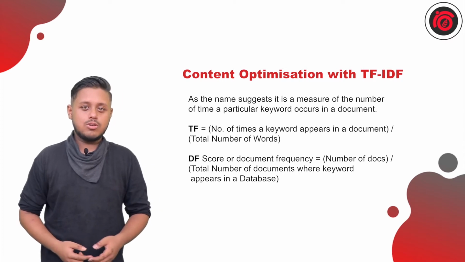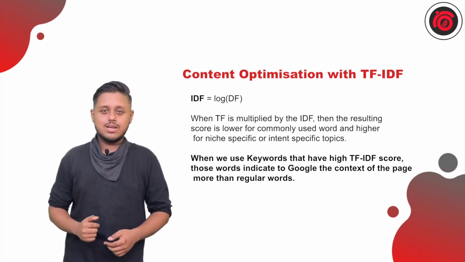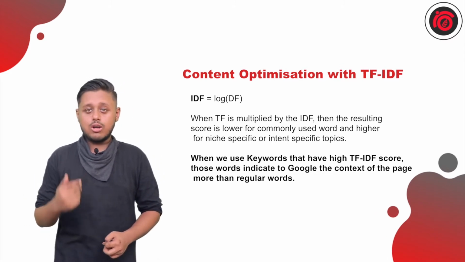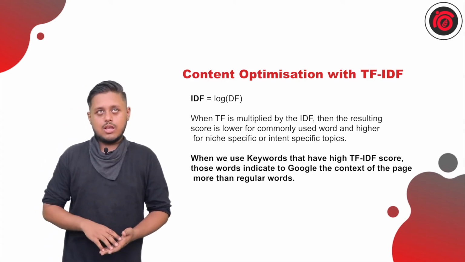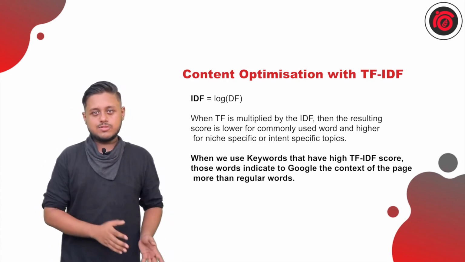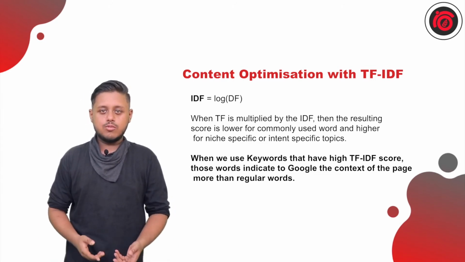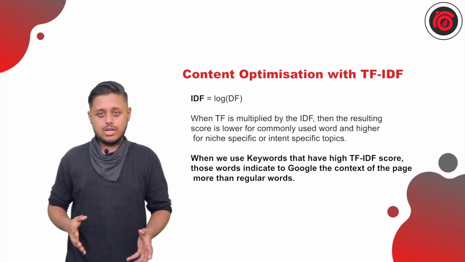That is called the DF score. And IDF is basically the logarithm of the DF. So the log of the DF is called the IDF score. Together, the TF score multiplied by the IDF score for a particular keyword gives you the TF-IDF score for that keyword across your entire website.